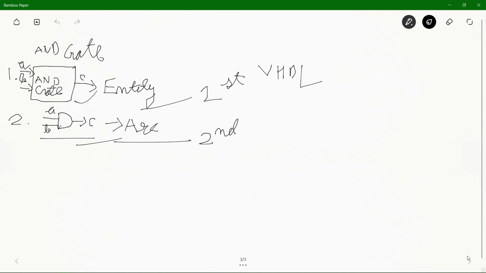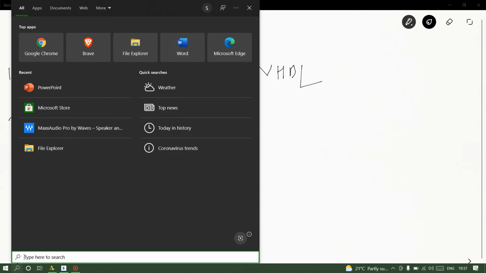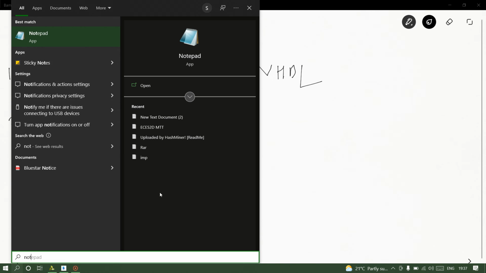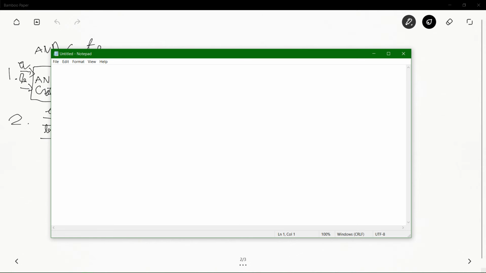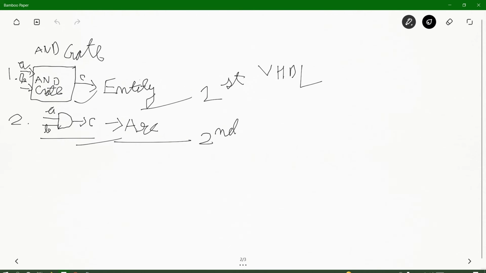Okay, so I'm writing the syntax for this, guys. As I have taken the example of an AND gate, I'm writing the entity and architecture for the AND gate only. Okay.